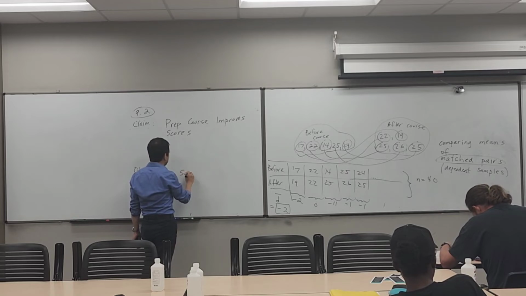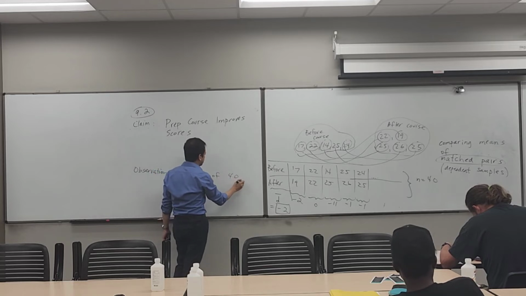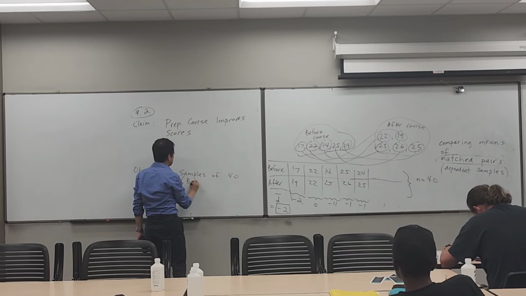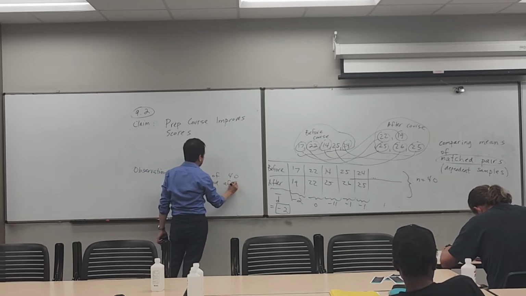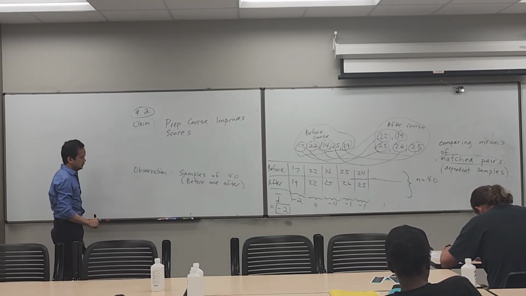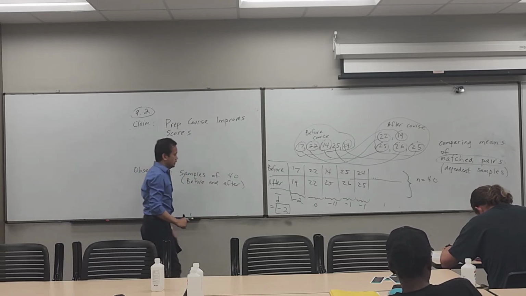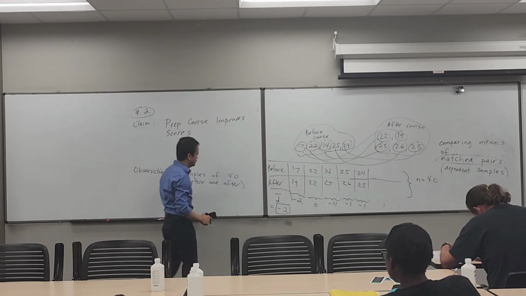So samples of 40, before and after. So you see that the average difference is -2.